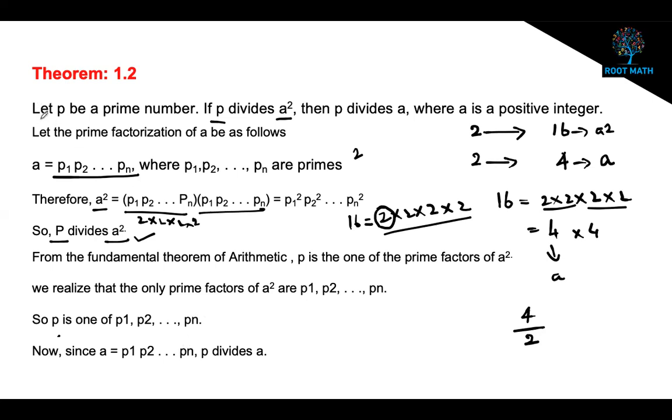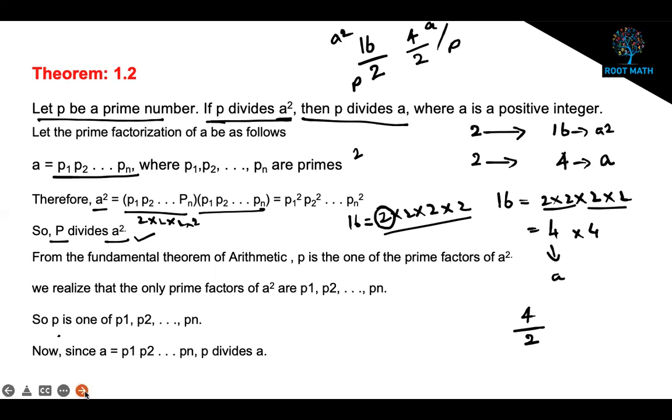The theorem statement one more time: Let P be a prime number. If P divides A squared, then P divides A. Which means when 16 is a composite and perfect square number, if it is divisible by a prime number 2, then definitely 4 also can be divisible by 2. A squared divisible by P, then A also divisible by P. This is our theorem.